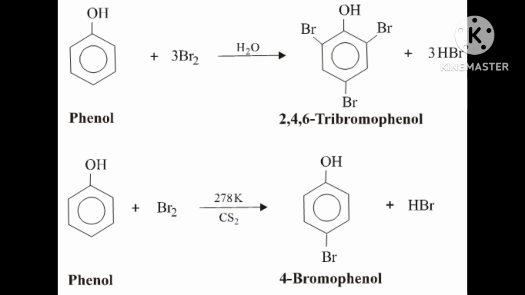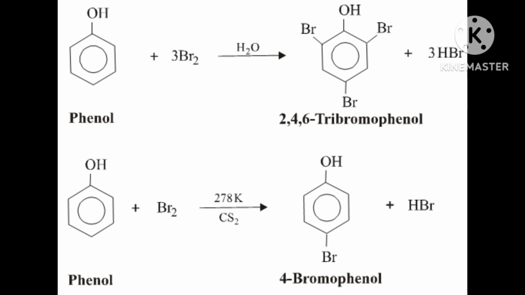Now I am discussing nitration. With dilute nitric acid at low temperature, meaning 298 Kelvin, phenol yields a mixture of ortho and para nitrophenols. Both will form, one NO2 will go at the ortho position, and the other will go at the para position.